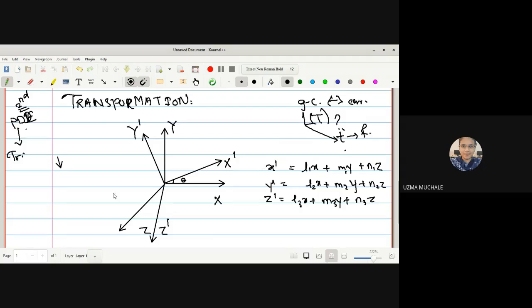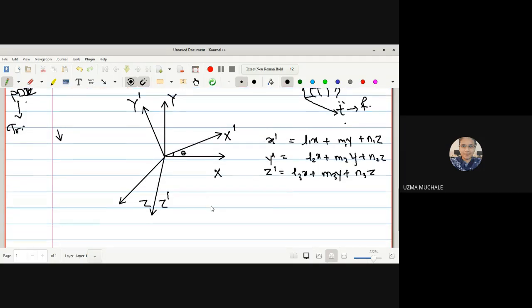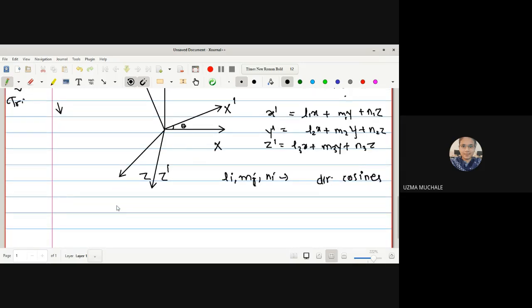What are these L, M, N? These are nothing but your direction cosines. Li, Mi, Ni, these are nothing but your direction cosines, which satisfy the condition. What is the condition for direction cosines?